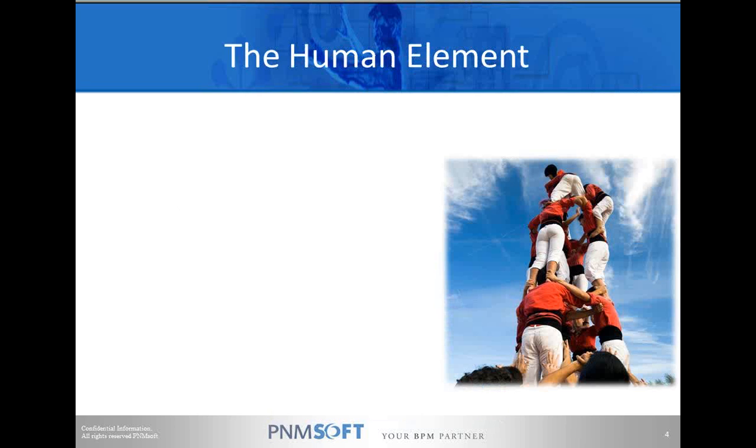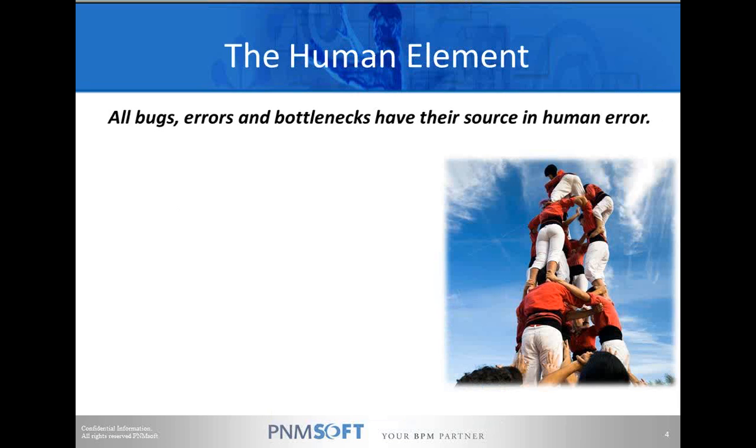Now, I must say, to start off, that despite all the tools that we're going to show you today, all bugs, errors, and bottlenecks ultimately have their source in human error. There's no such thing, really, truly, as a non-human error.